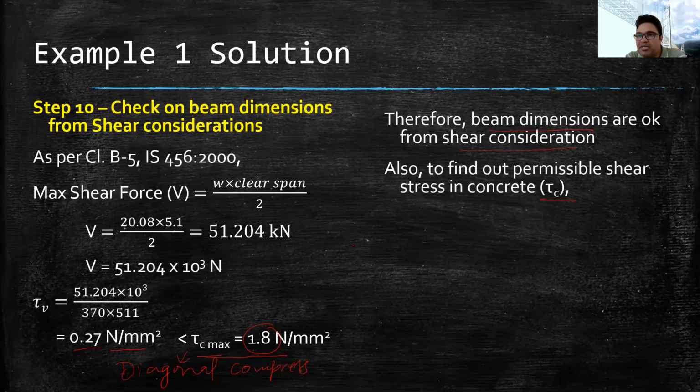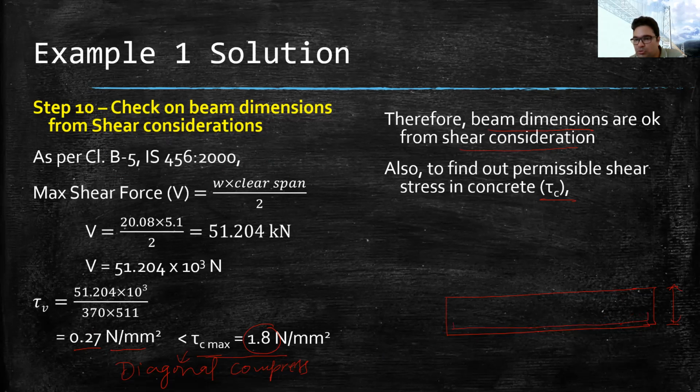Now to calculate the value of tau C, you can see here that this will be our beam, and till now what we have done is we have found the depth, and length of the beam is already given, and also the tension reinforcement we have found out.